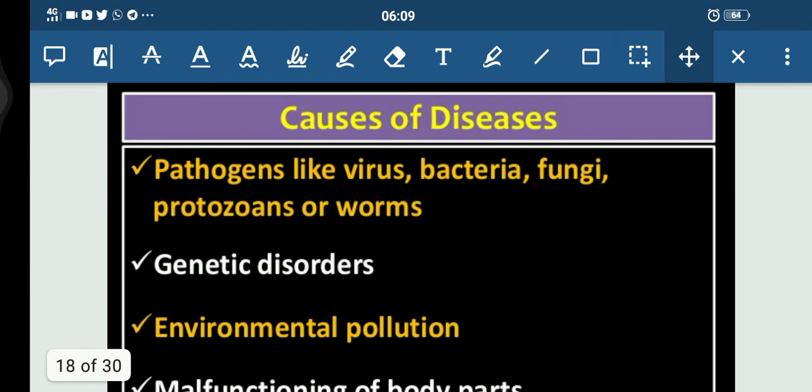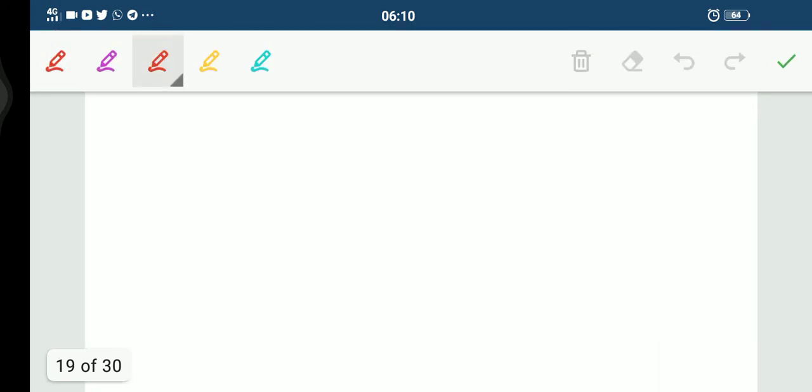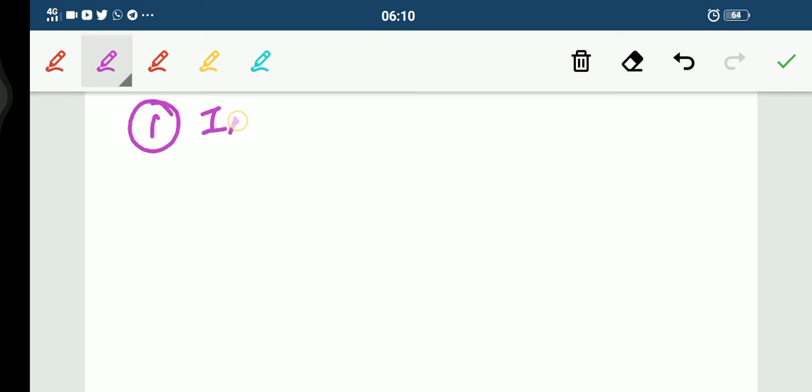Now, children, we will be discussing the causes of diseases. Fine, what exactly are the causes? So most diseases have many causes rather than one single cause. So we have two different types of causes that I'm going to tell you now. The first one is immediate cause.